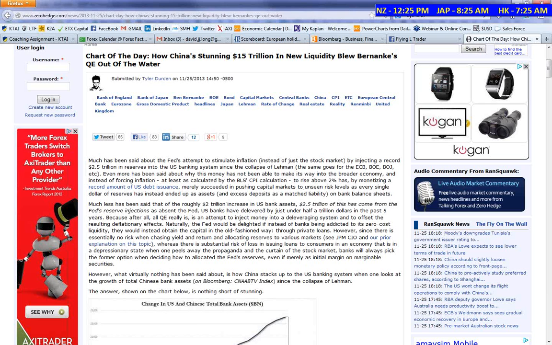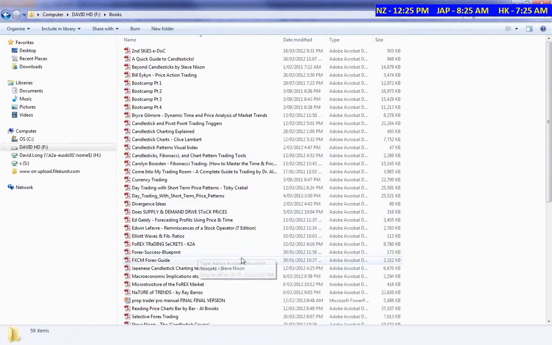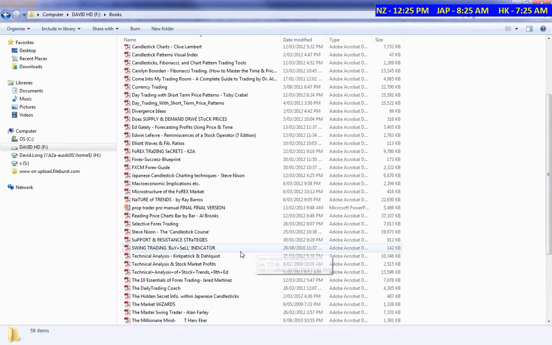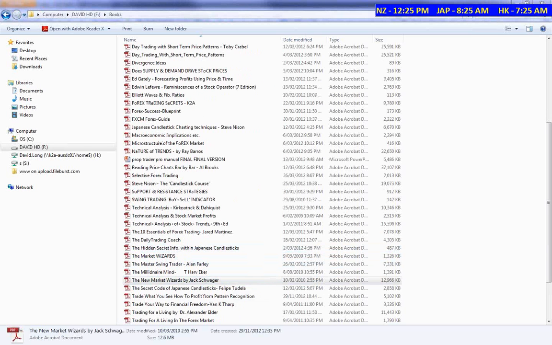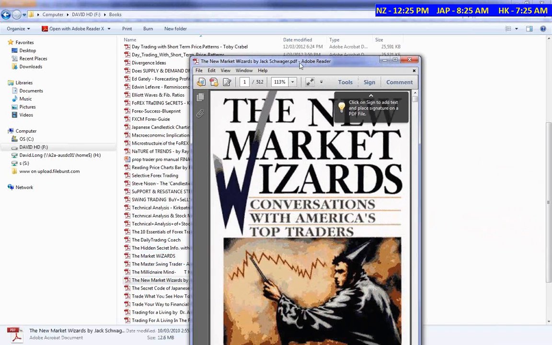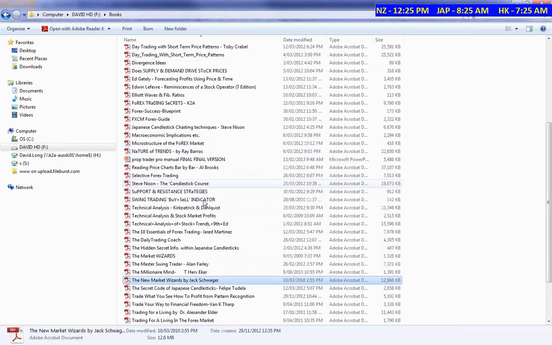And books. Well, I've got truckloads of books. Some good ones. Market Wizards, this is more about the psychology of trading. Yeah, Reminiscences of a Stock Operator is also good.